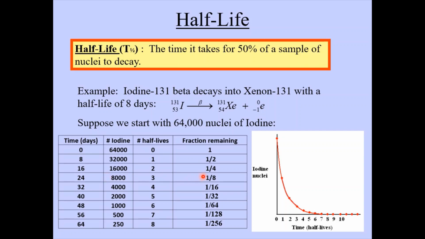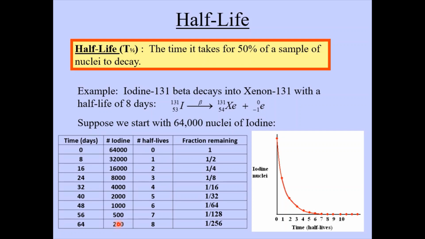All right, or we're at 1/8 of what we started with. After 32 days, that's 4 half-lives, we're down to 4,000, or 1/16. After another half-life, we're down to 2,000, right? And then 1,000. You can see each half-life, we just keep dividing this number by 2.